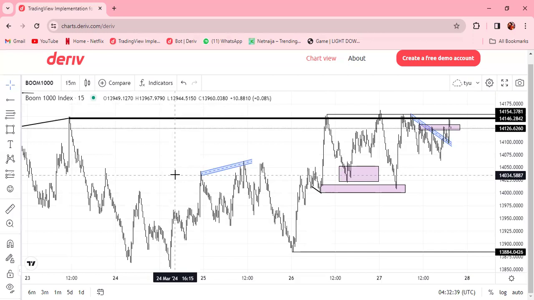Make use of your demo account, and then what you do with your demo account, you learn divergence from it, you learn break of structure, QML, and everything, the trend lines, right?